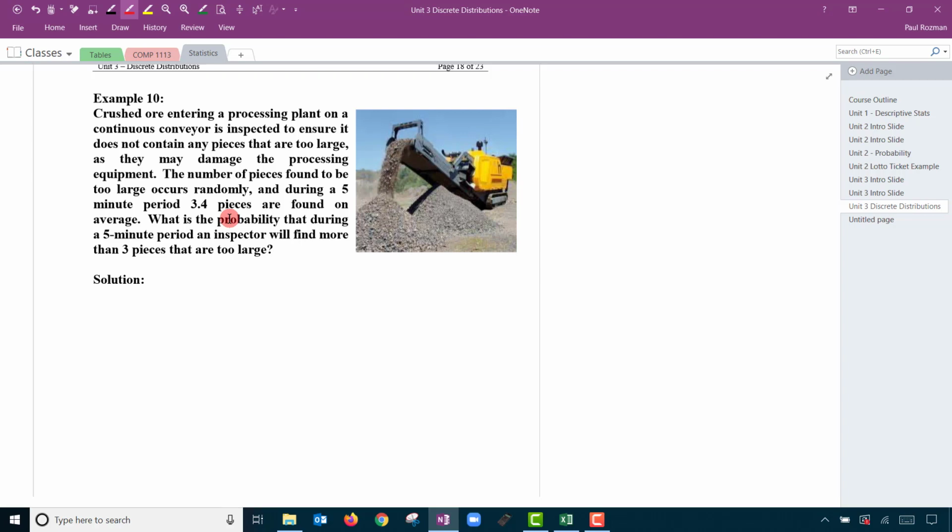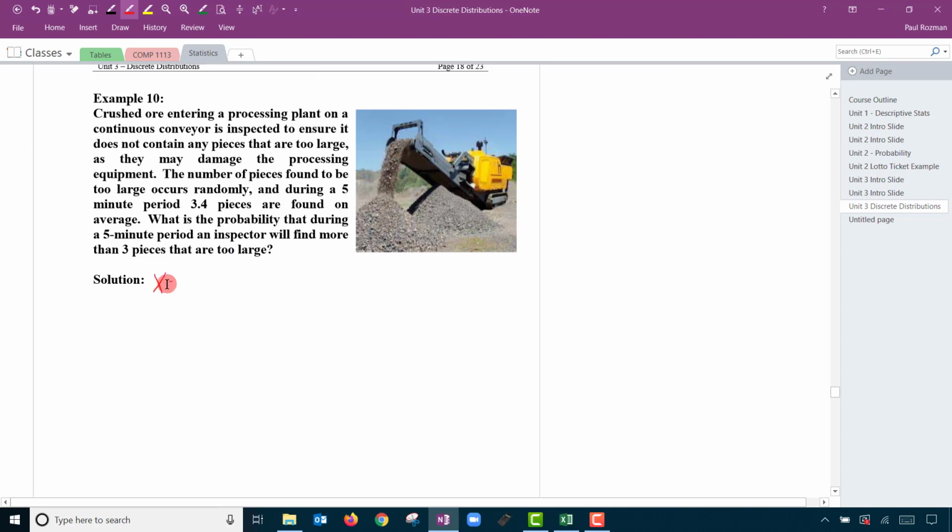What's the probability that during a 5-minute period they will find more than 3 pieces? So this is our example. I think we can see that it meets that Poisson feeling.